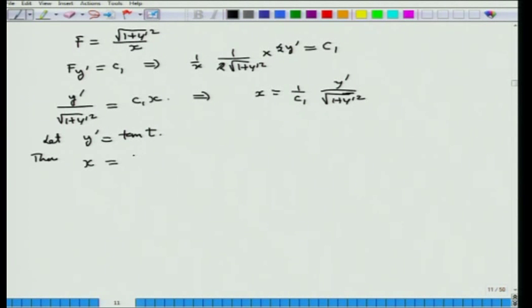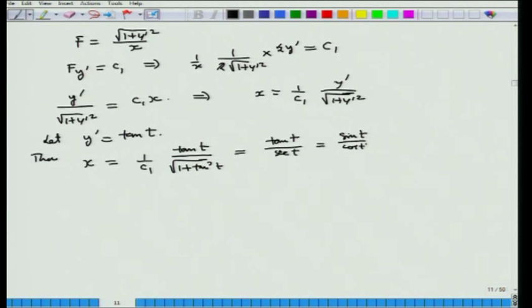x equals 1 over c1, tan t over square root of 1 plus tan square t. So that is over, this is sec square t, so sec t, and this is sin t upon cos t into sec t.